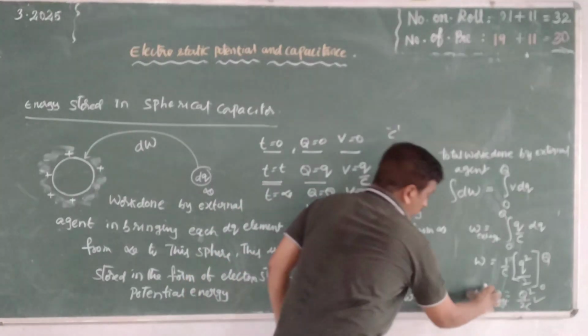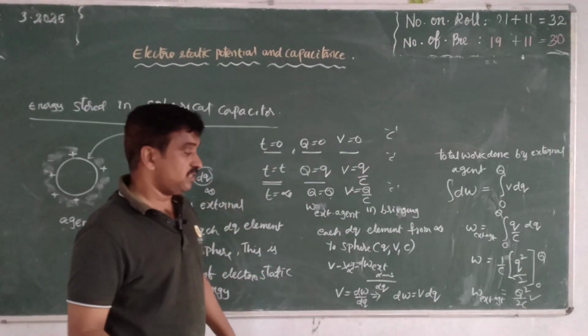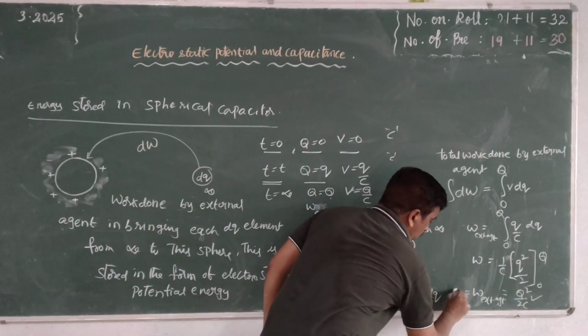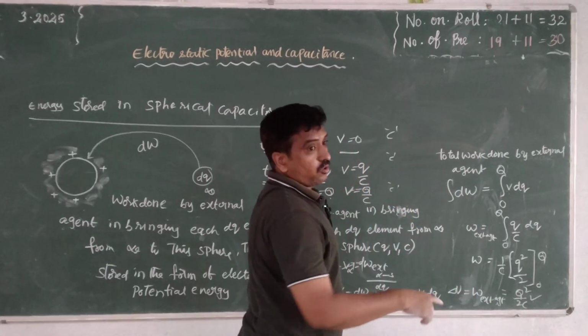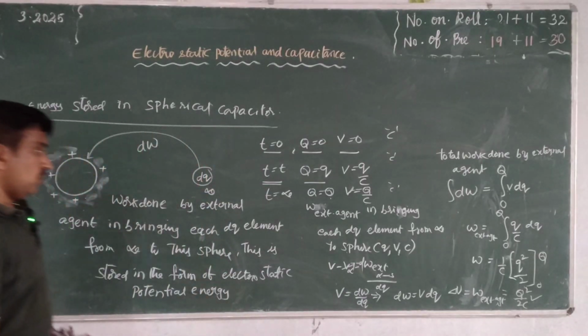This work done is stored in the form of energy, so delta U equals Q square by 2C.